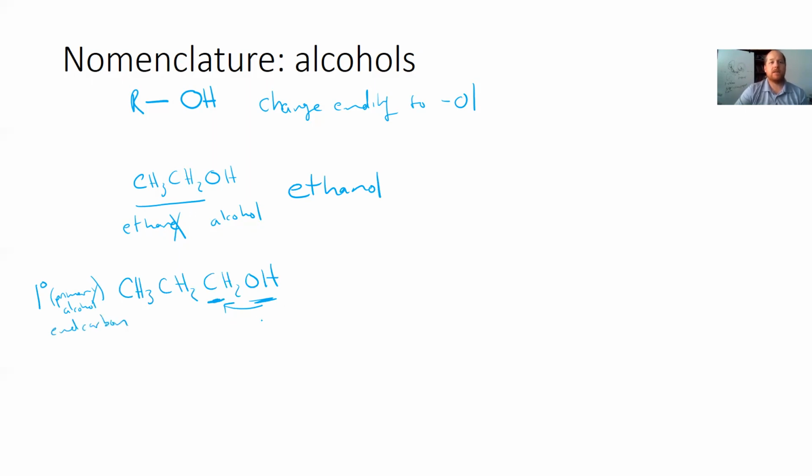And on this one, we would number the carbons based on where the substituent is. So it'd be 1, 2, 3 in this case. So this would be 1-propanol, or propan-1-ol.